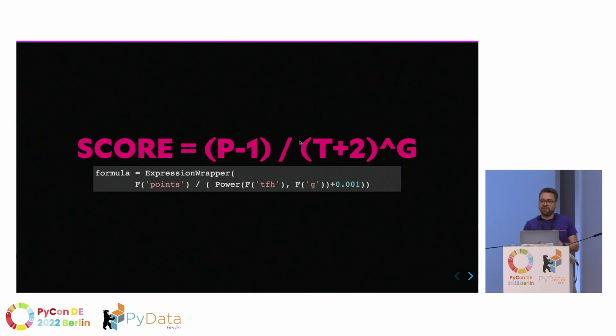First of all, we need a variable containing an expression wrapper for our formula itself, and this is quite easy. We just take the points field, divided by the time in hours to the power of our gravity factor. And we add 0.001 to it just to avoid zero division errors.